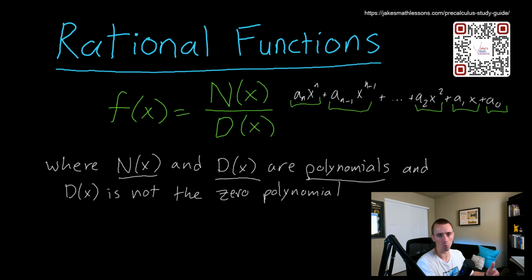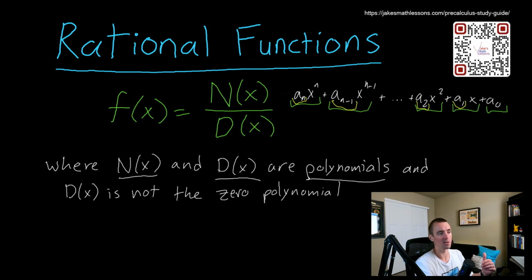Could be 1, could be 10, could be the square root of 2, it could be negative 16. It's just a number, right? These a sub somethings are just numbers, any number. They just use a different subscript to show you that each coefficient could theoretically be a different number, okay? Times x raised to some positive integer power, which just means a positive whole number.